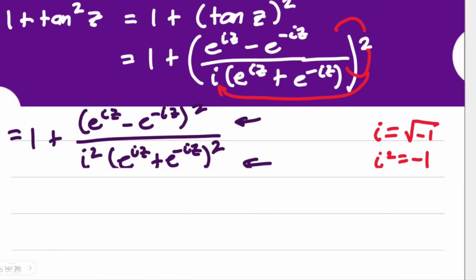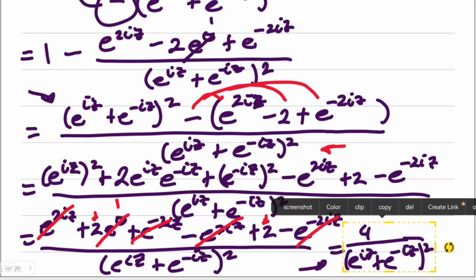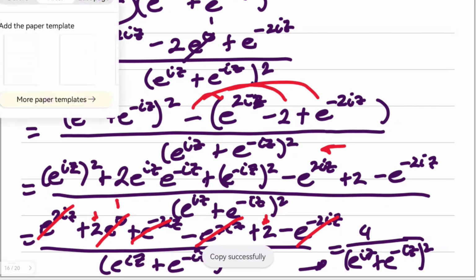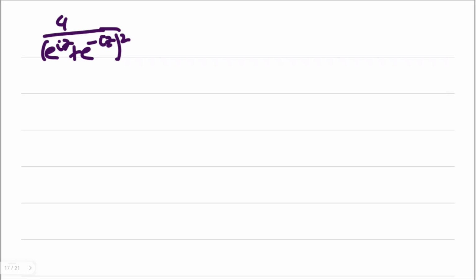So what we need to do here is copy this one and paste it on another page. Allow me to add a page here. Take note that this was the last equivalence for our form, and that our goal is actually to show that the square of secant z is equivalent to this form.